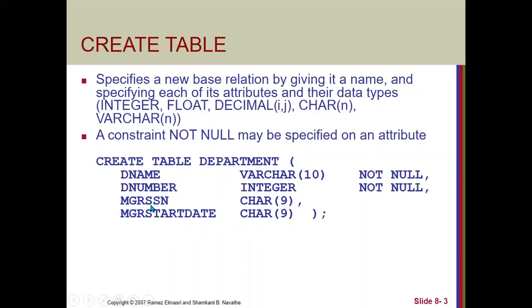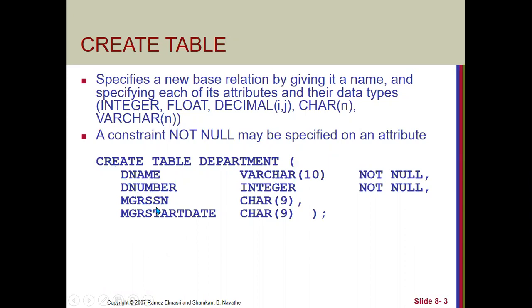If we go to the ER diagram, we have a relation between the department and the employee, which is "managed by". Managed by is a one-to-one relationship. So we put a foreign key here for the social security number of the employee who is managing this department.